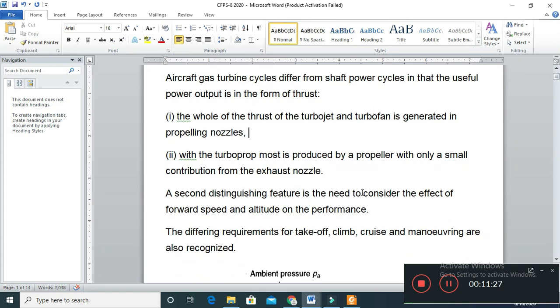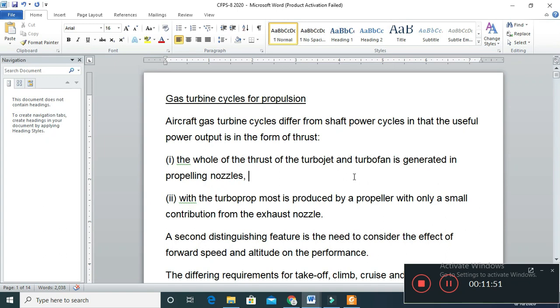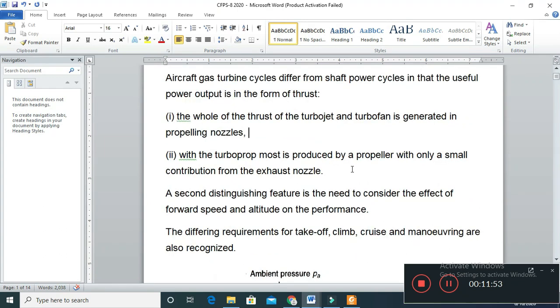In the case of turboprop, the thrust is generated using a propeller. So the turbine is driving the compressor as well as the propeller, and that propeller is resulting in thrust. The contribution of the exhaust nozzle is relatively less. So this is one difference. The objective in case of propulsion applications is to have thrust rather than electricity.